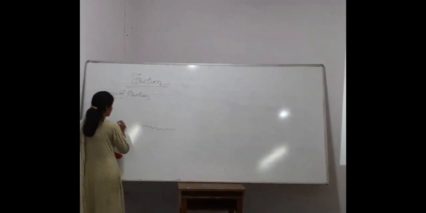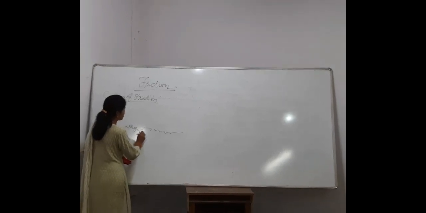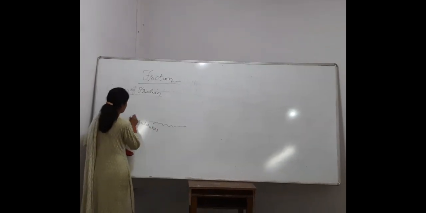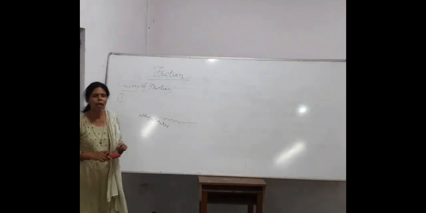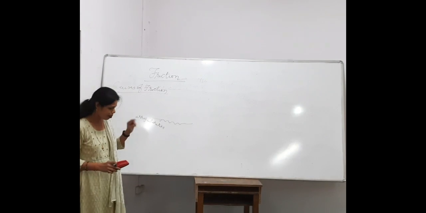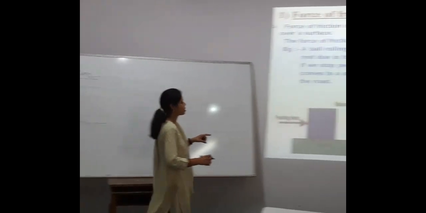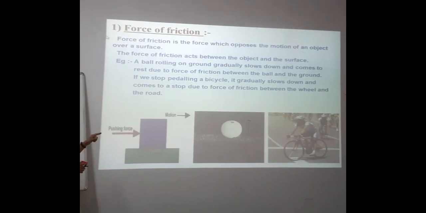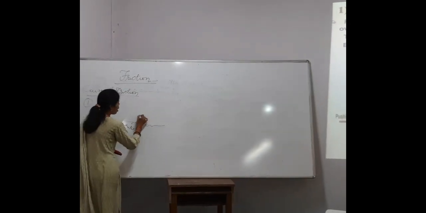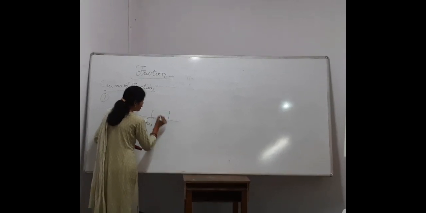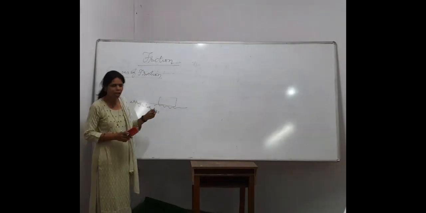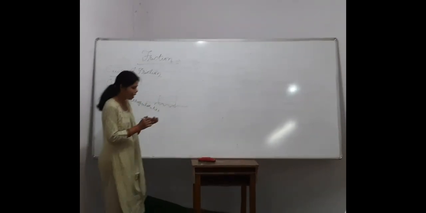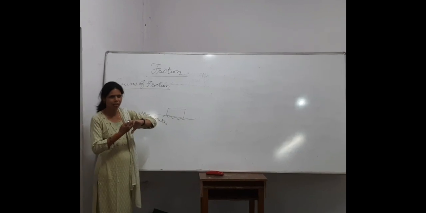These are irregularities. So friction is due to irregularities between the surfaces. Like here you can see between the wall and ground some irregularities are there. Suppose a box is kept here. So there is interlocking between the irregularities of two surfaces. Two surfaces are interlocked like this.